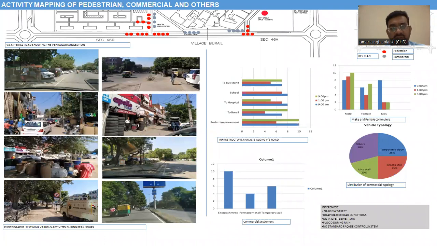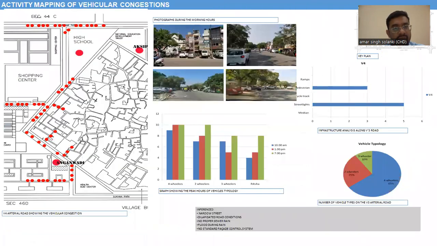Activity mapping of pedestrian, commercial, and others has been done, as you can see, to understand the variation between the planning and how the edges are used, how the pathways are being encroached by commercial entities has been analyzed in this slide.